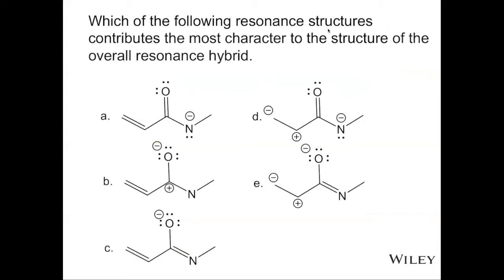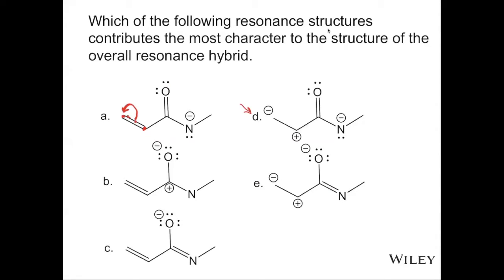Now the next question, which of the following resonance structures contributes the most character to the structure of the overall resonance hybrid? We have a double bonded oxygen, and we have a nitrogen here that's got a negative charge, and then we have an sp2 hybridized carbon here. Okay, so if we move electrons around, we can see that in this case, letter D all it did was take the lone pair from the pi bond here and kick it up and leave that.